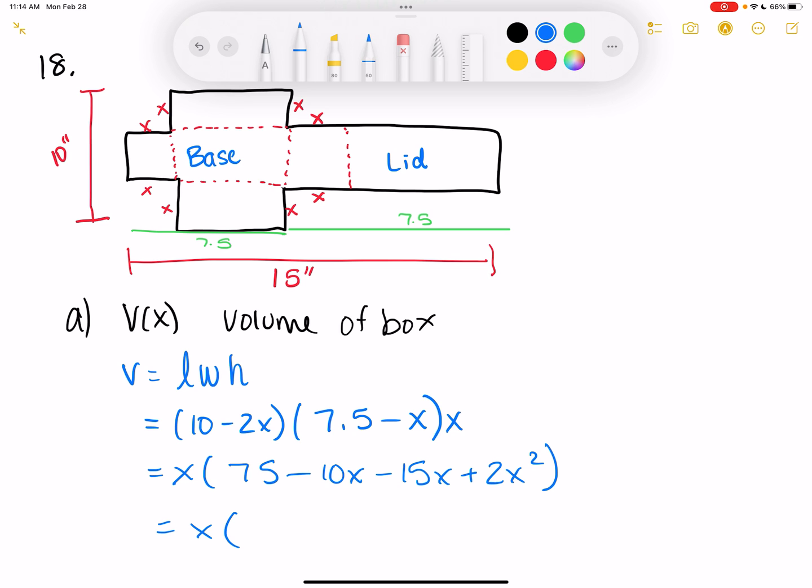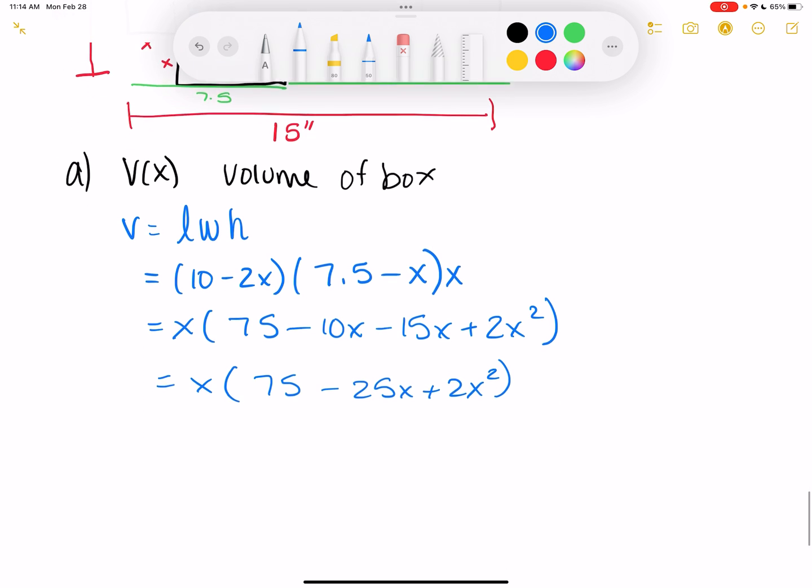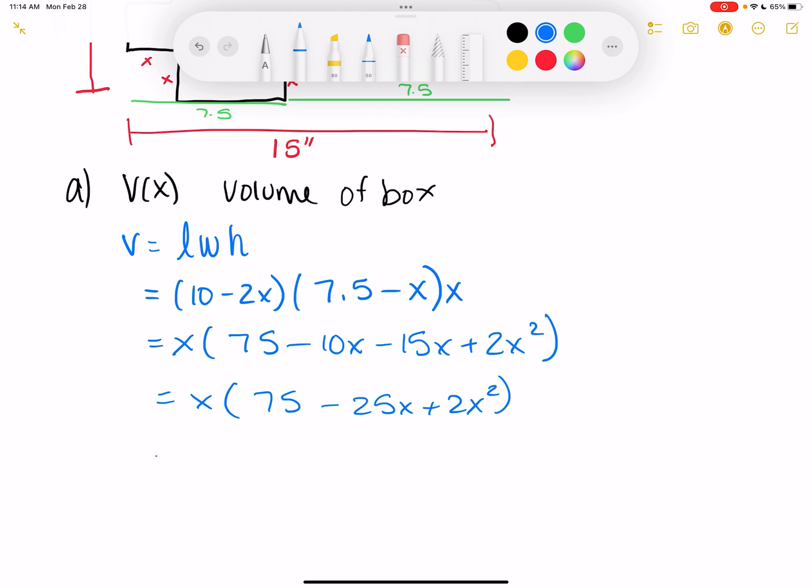All that is multiplied by x. And then I can multiply the whole thing by x. So I'm actually going to flip it so that I have the terms in order. So 2x cubed minus 25x squared plus 75x is equal to volume.